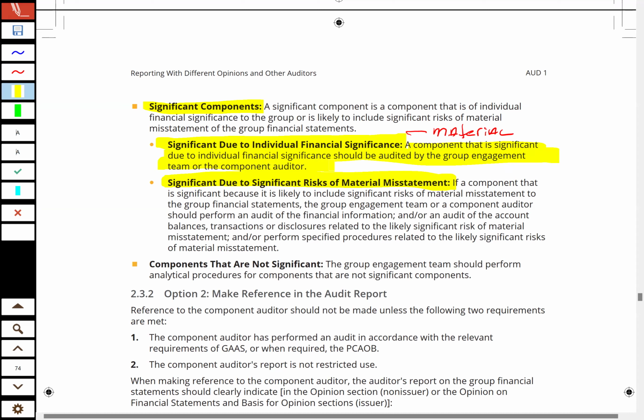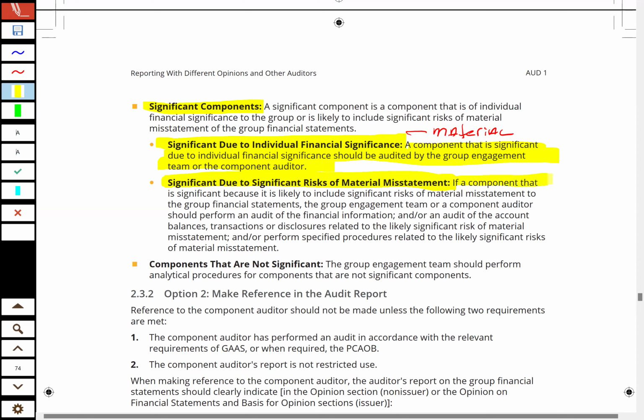So either you're going to do the audit directly, which is the case with IRS and the public debt, IRS being the big heavy hitter on the income statement, public debt being the heavy hitter on the balance sheet. So the GAO audited those directly, okay? Or they need to be audited by a component auditor, but you're going to direct a component auditor, go and do a full-blown audit, and we're going to direct your work, okay?